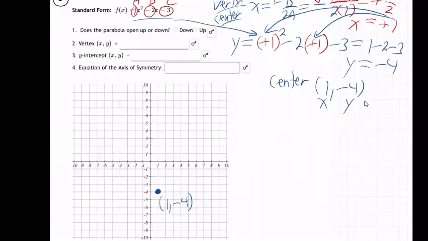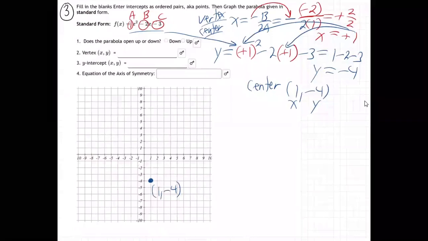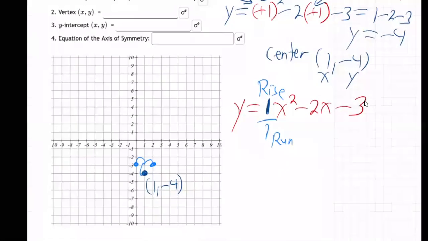Okay, so let's do that. What's our a? Let me write the formula again down here. It's x squared minus 2x minus 3. The a is 1. You put that over 1. This is rise over run. So that means up 1, over 1. And then symmetrically, there we go. Everybody see what I just did there?